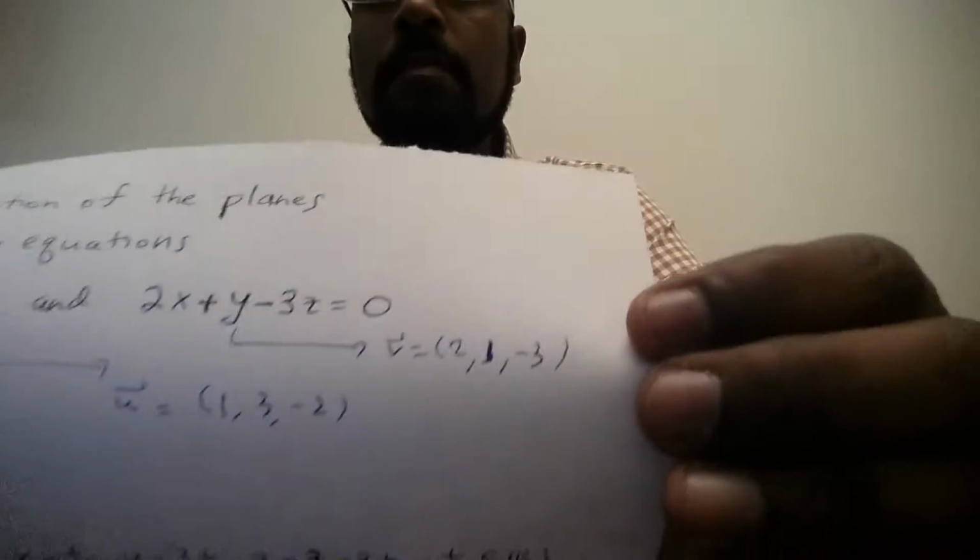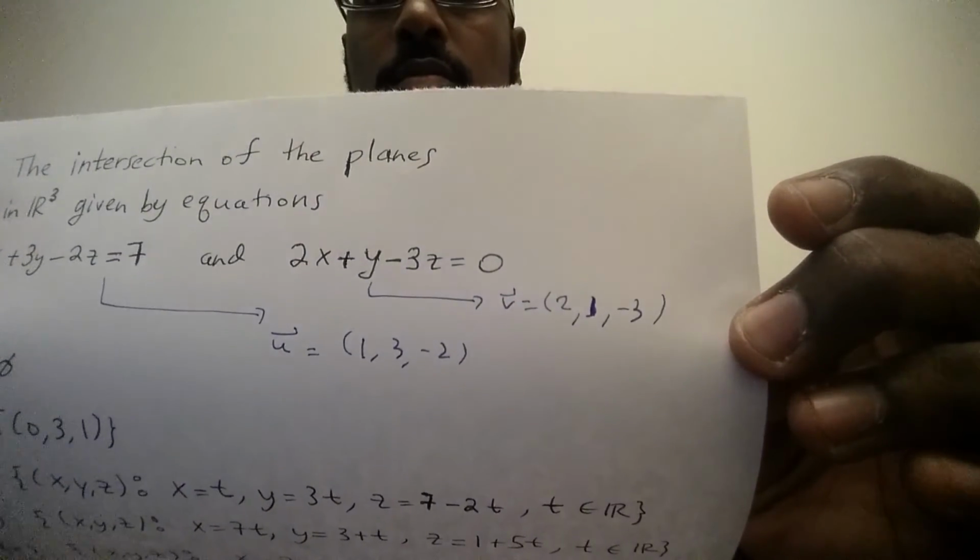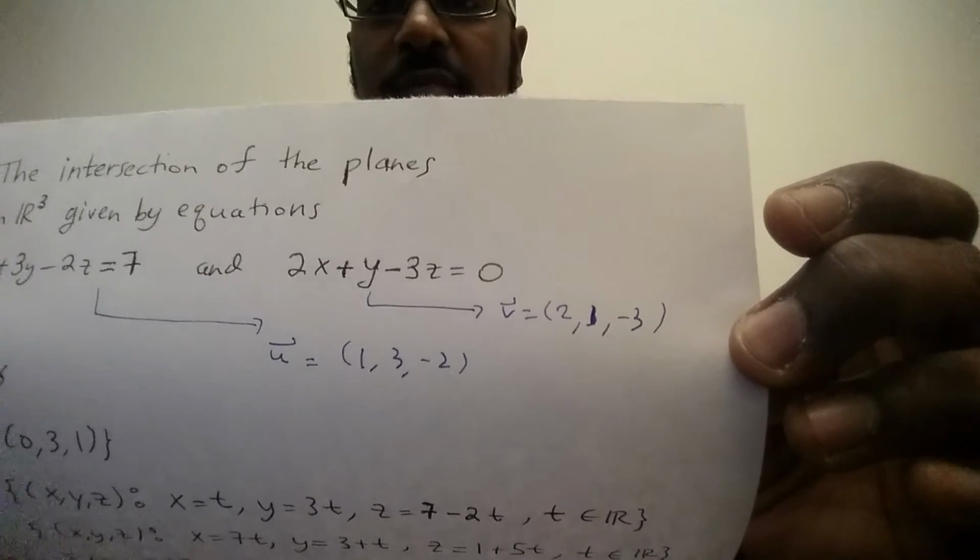So to do that, we'll first write down the coefficient vectors for these two planes. In this case, the coefficient vectors are the vectors 1, 3, negative 2, and 2, 1, negative 3.